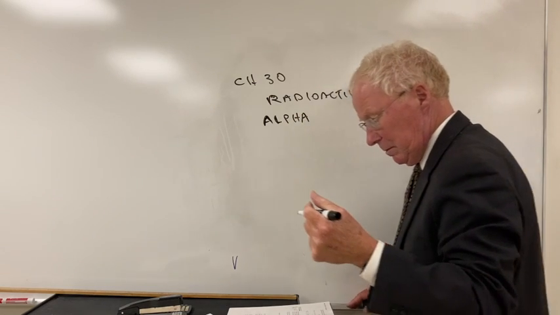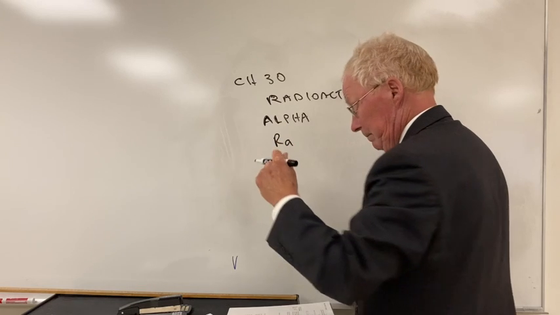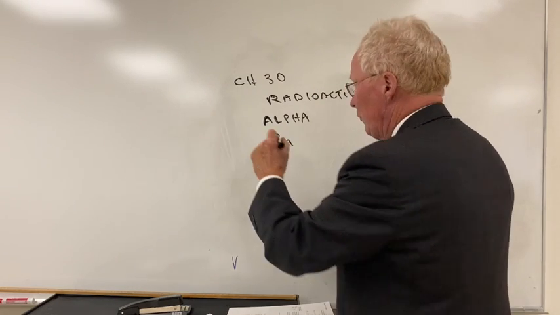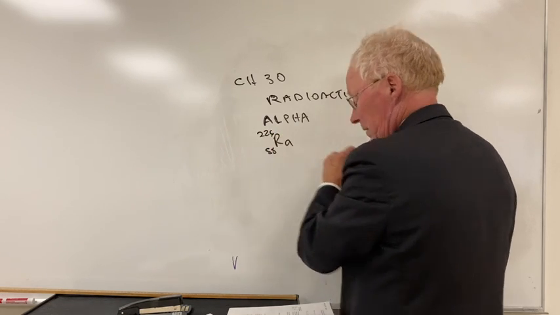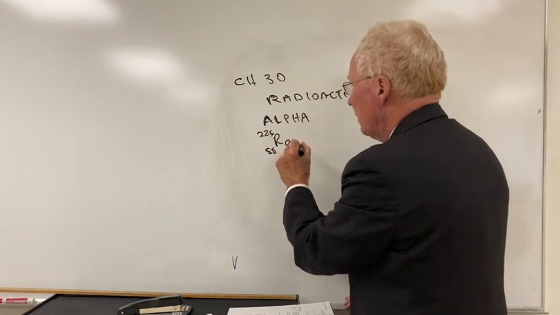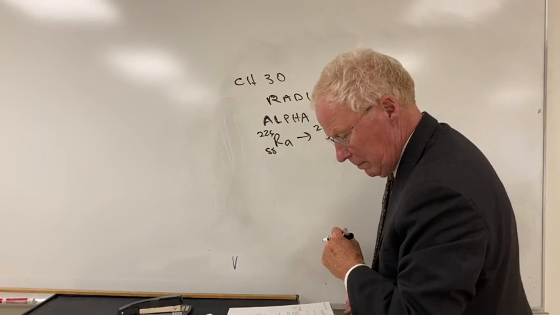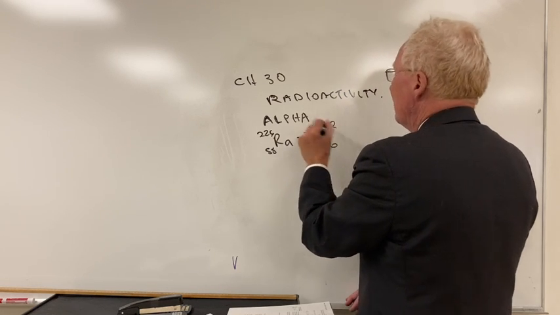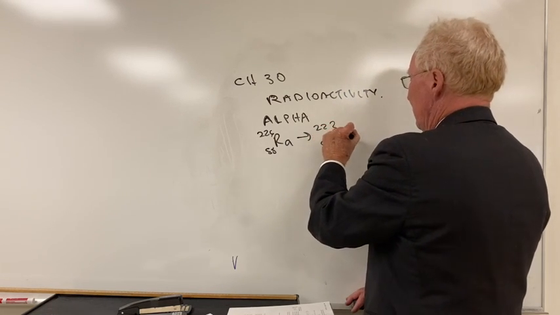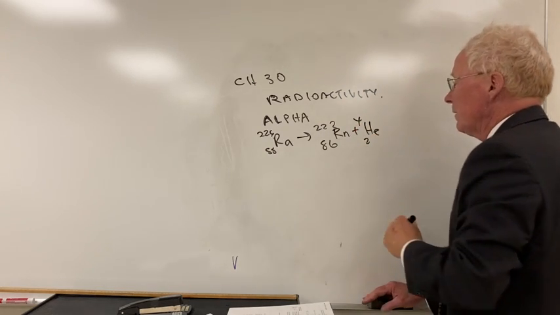So such as radium 226, 88, breaks down to radon 222, 86, plus a helium nucleus. All right?